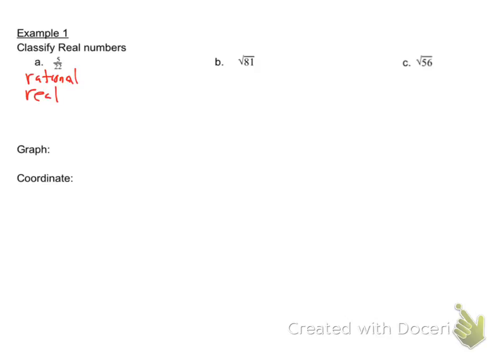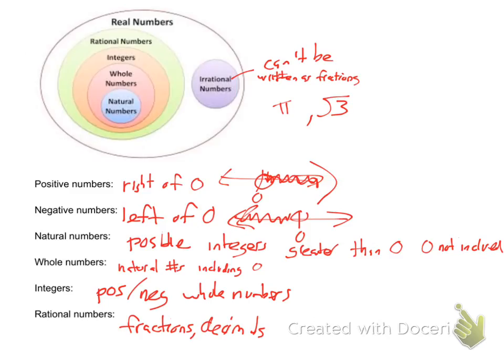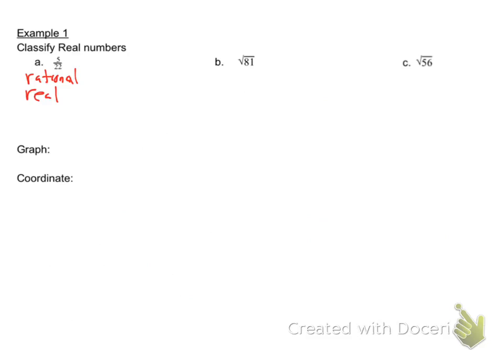Now, since we said it doesn't turn out to be something nice, if I go back here, we know it's rational. It's rational, so therefore it's real. Is it an integer? Well, if it's not nice, it can't be an integer, right? So guess what? 5 over 22 is just those two. It's real and it's rational.